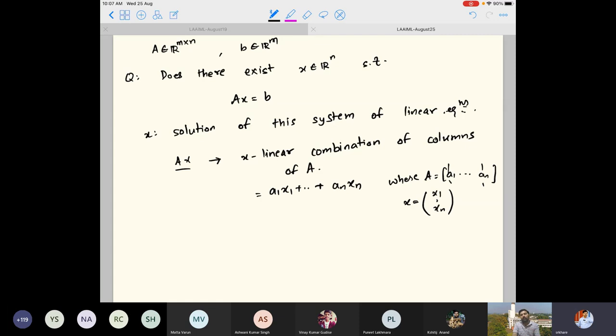So what we really see in Ax is a column linear combination.